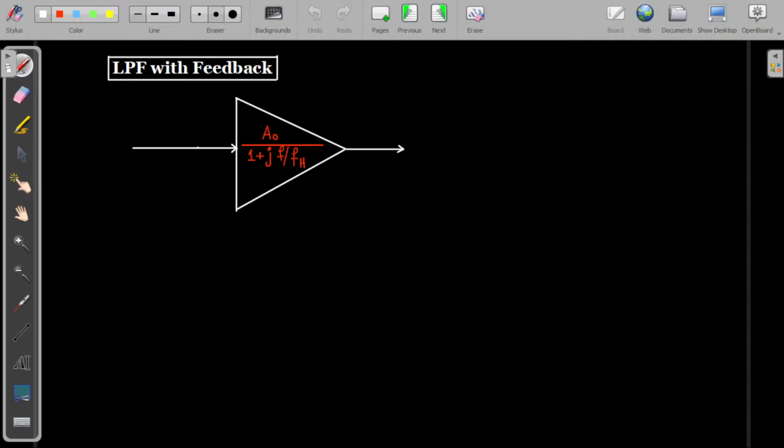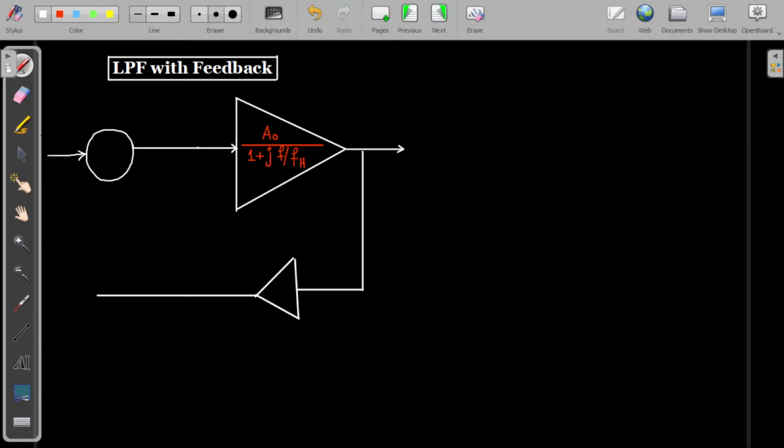Now this basic amplifier will be connected with a negative feedback. So let us connect it with a negative feedback. This is the feedback path, and let us say this is the mixer.